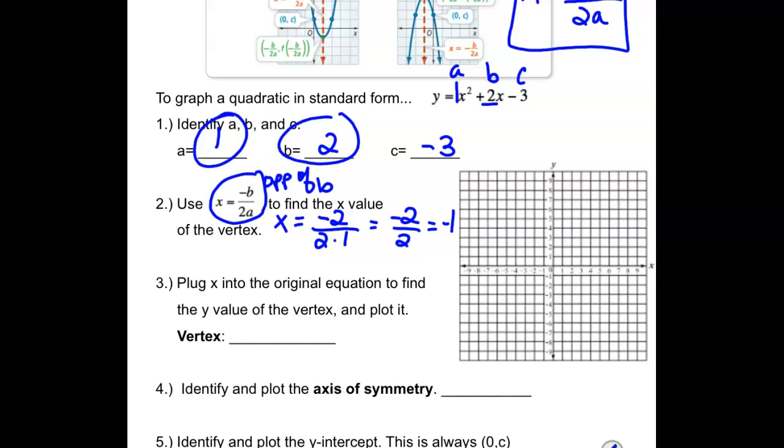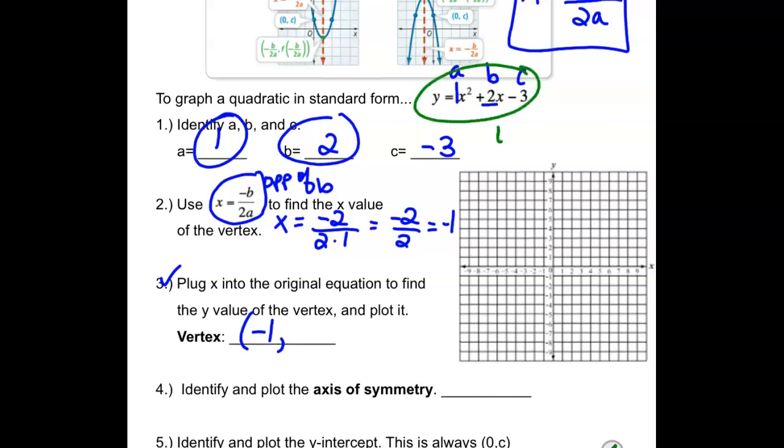Once we know that x value, we can plug it into our original equation to find the y coordinate that goes with it. So already we know that the x coordinate of my vertex is negative 1. But now I'm going to plug that value back into my equation. So y equals negative 1 squared for x squared plus 2 times the negative 1 for 2x minus the 3.